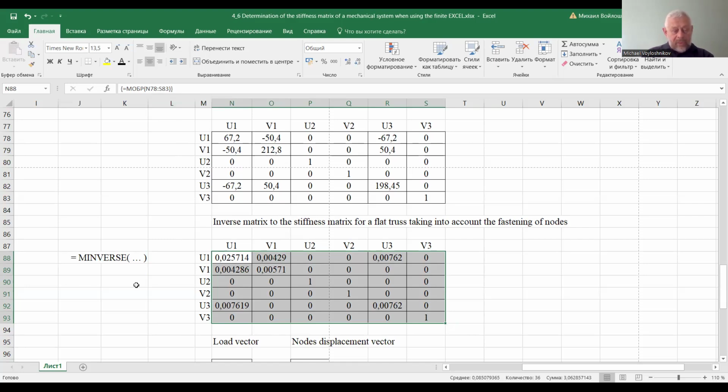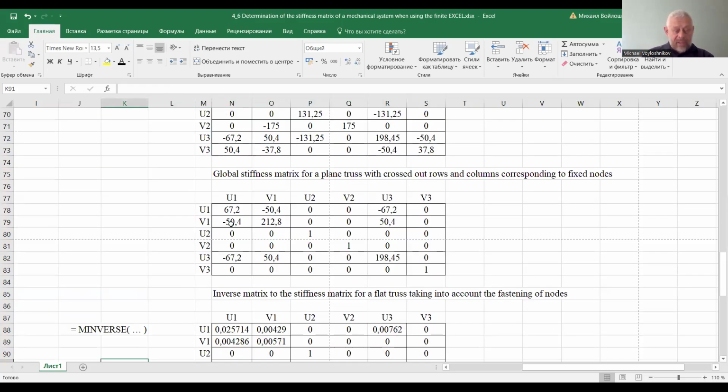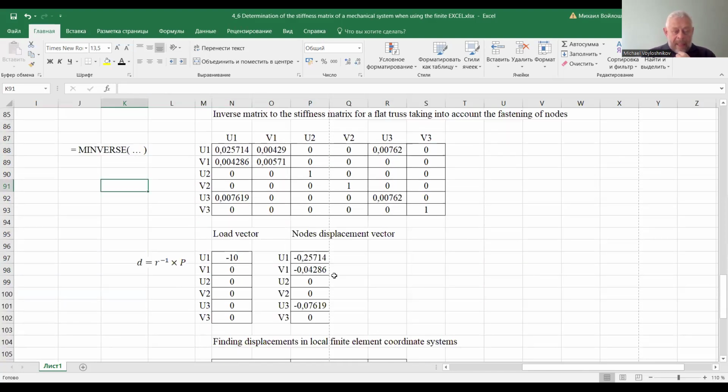And we got the inverse matrix of the stiffness matrix after the account of the fixed supports in definite directions of the displacement of the nodes supported.